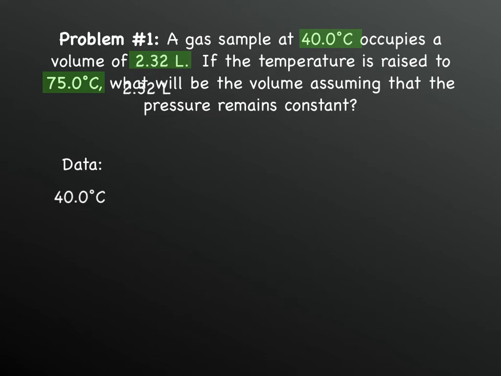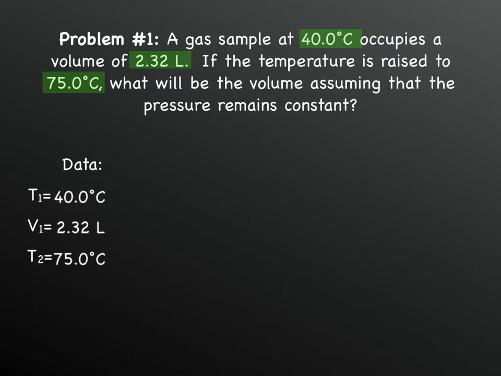Carry your data down. And then we can determine what the variables are that go with the data. So 40 degrees Celsius is going to be T1, my first temperature. Then my 2.32 liters, that is my first volume. The 75.0 degrees C is my second temperature.